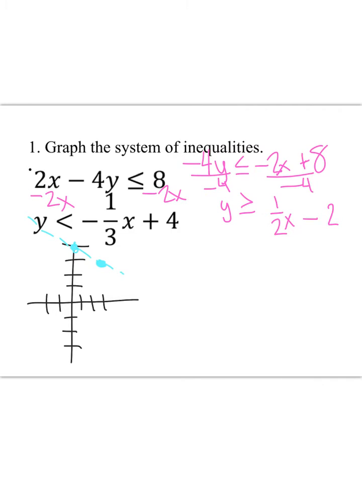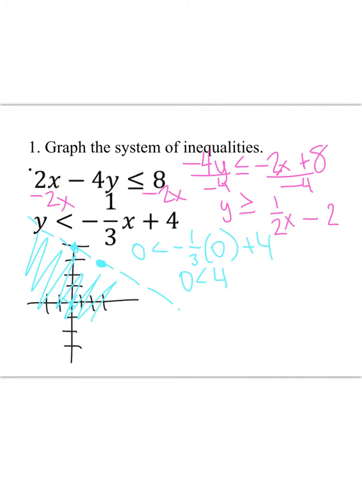So I'm going to dash this line. And now the shaded area. Well, let's pick the origin and test it. So 0 less than negative 1/3 times 0, the x value, plus 4. And then I get 0 is less than 4. Okay, so that is a true statement. That means the area with the origin is shaded.